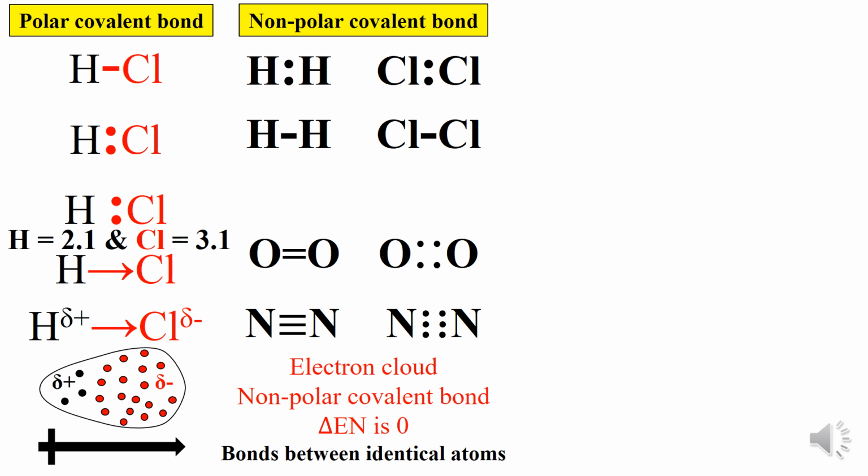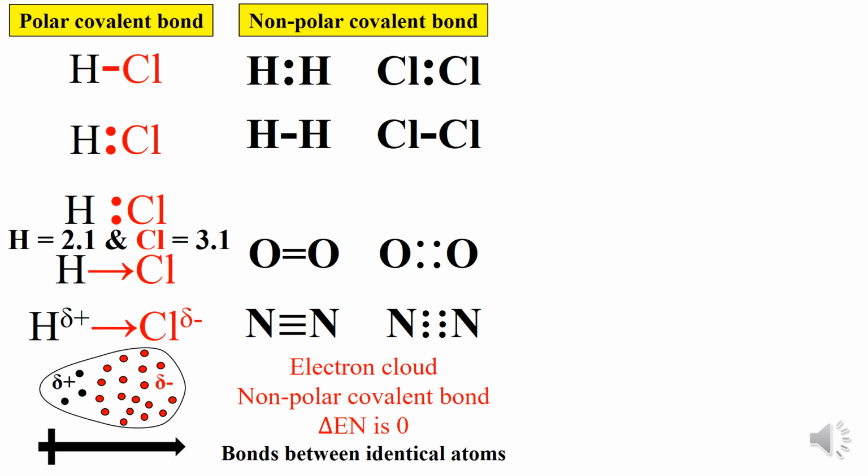So generally, homoatomic molecules have non-polar covalent bond, or they are non-polar in nature. For example, hydrogen molecule, chlorine molecule, oxygen molecule and nitrogen molecule. All these four molecules are homoatomic molecules because you find the bonds between identical atoms.